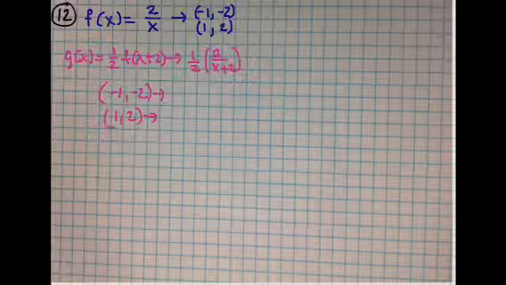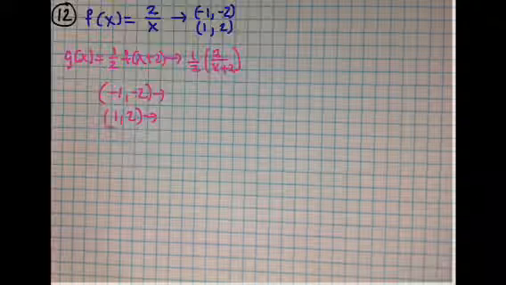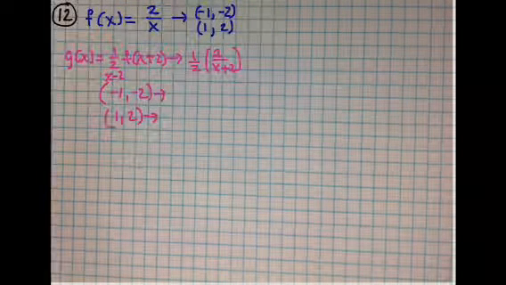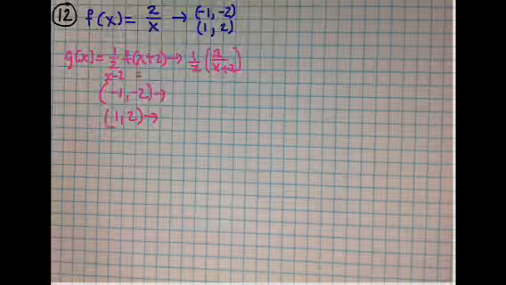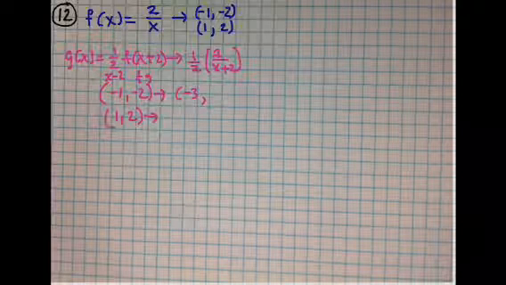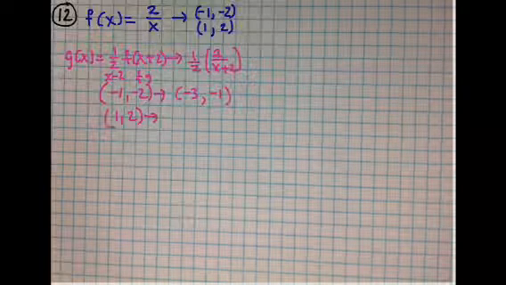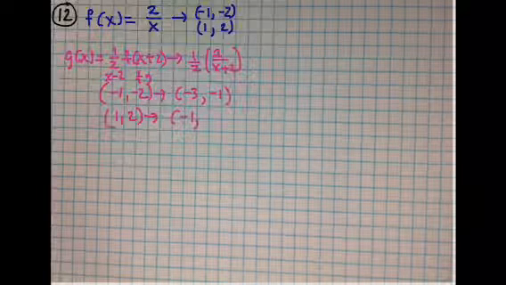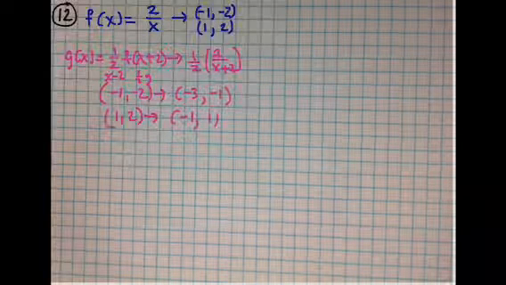So the x gets subtracted by 2, so it's x minus 2, and the y gets multiplied by 1/2, so 1/2 y. So that's going to give us -1 minus 2 is -3. 1/2 of -2 is -1. Then 1 minus 2 is -1, and then 1/2 of 2 is 1, right there.